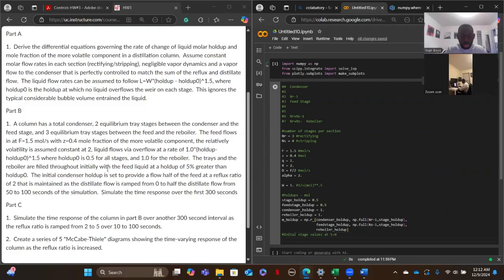Okay, so we know our initial moles. We can say this is equal just to our M holdup times 1.05. And this will be representing our reboiler, because we know that our reboiler's initial holdup is 5% greater than our holdup. So we need to represent that, so our M holdup times 1.05.